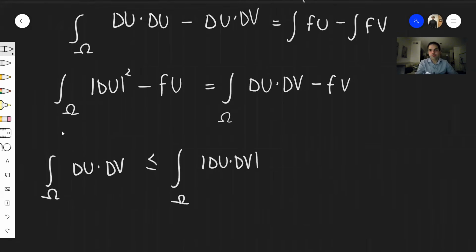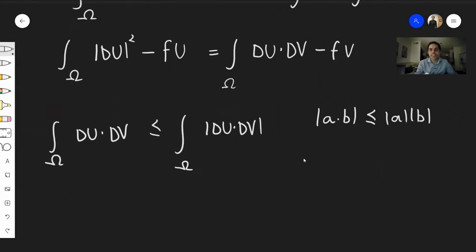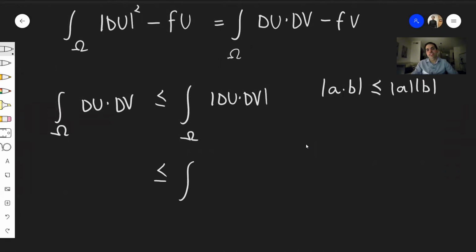Now, here we have the absolute value of a dot product, which should remind you of the Cauchy-Schwarz inequality, or Cauchy-Schwarz-Bunyakovsky, which says that the magnitude of the dot product is less than or equal to the product of the magnitudes of those two vectors. So in particular, this is less than or equal to |du| times |dv|. Again, this means norm.